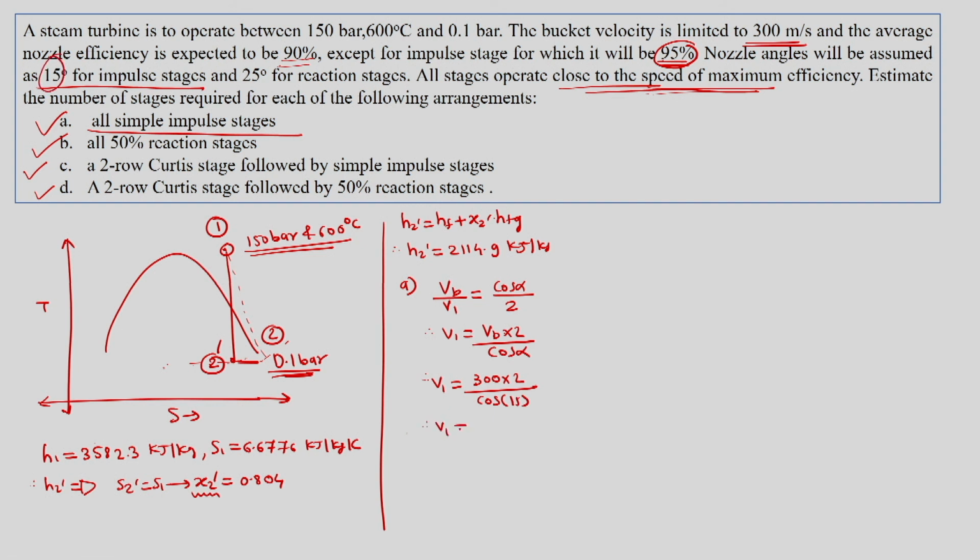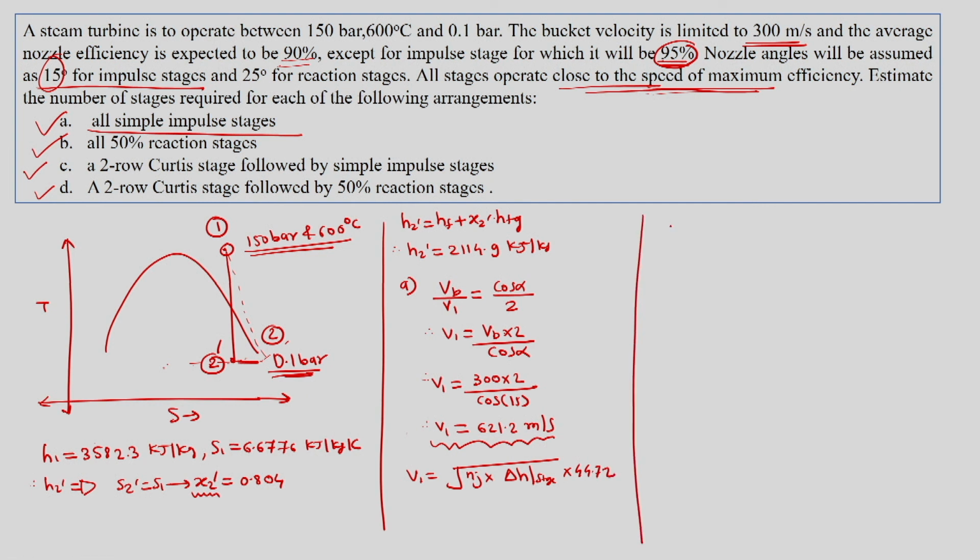So we have V1 equal to 621.2 meters per second. Now we can make use of V1 to find out the stage enthalpy drop, since V1 is equal to nozzle efficiency into delta H stage into 44.72.